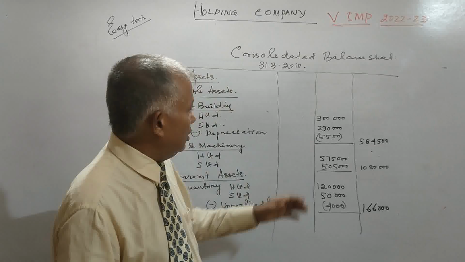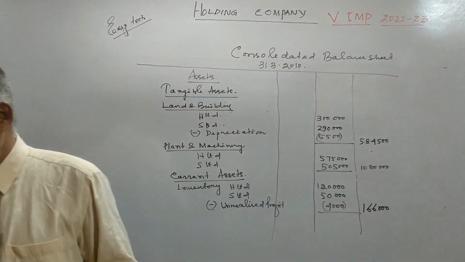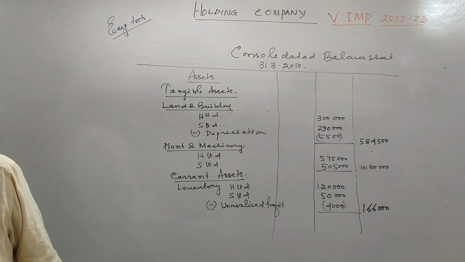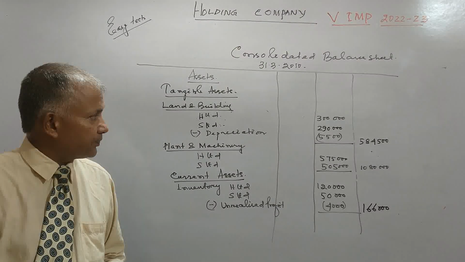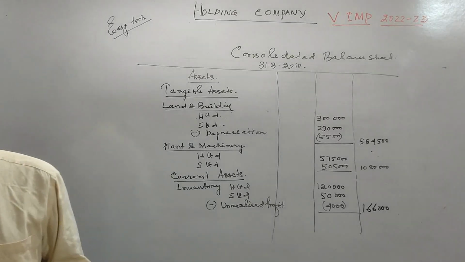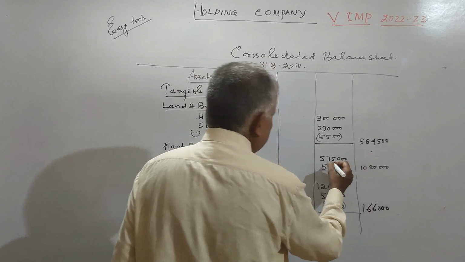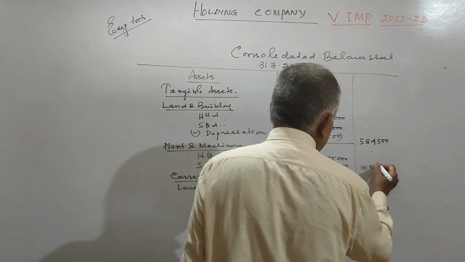This we have to provide. So the resulting figure is 5,84,500. This is your resulting figure, right?